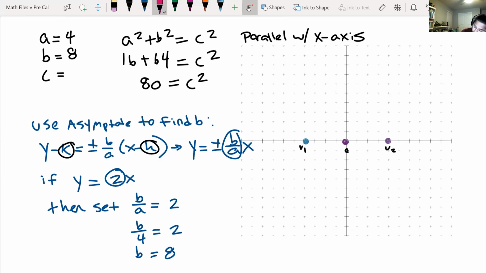All right. Okay. And then square root of 80 is 4 square root 5, or better yet, 8.94.